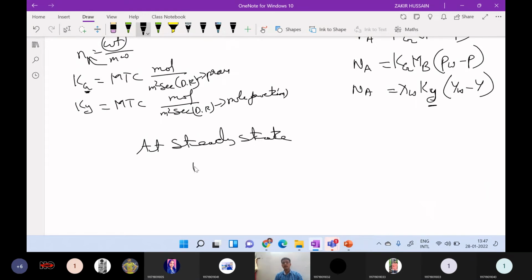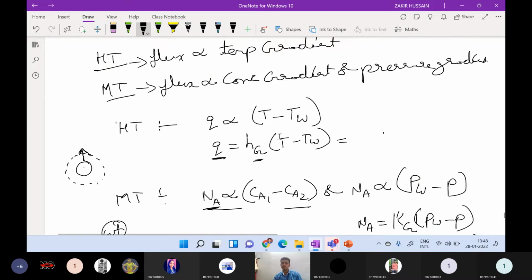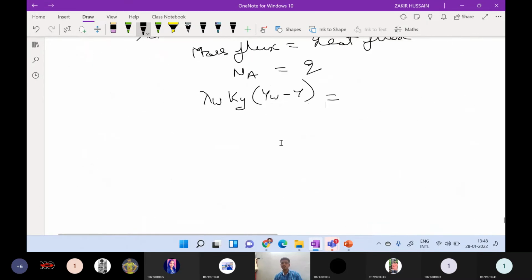At steady state, mass flux is equal to heat flux. So we can say Na is equal to Q. We know that Na is nothing but lambda W into Ky into YW minus Y, which is equal to Q, which is equal to Hg into T minus Tw.